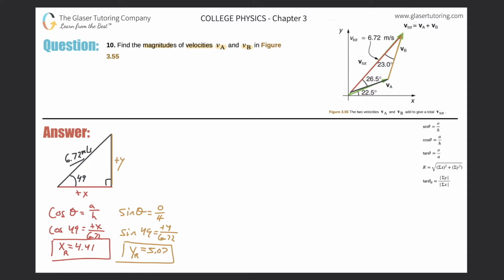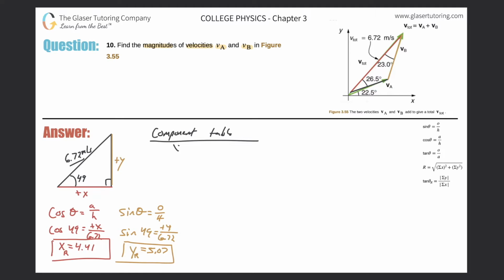Well, that means that in order for me to find the components of the resultant vector, I can simply add up all the components of the two vectors that summed up to give me that resultant vector. So let's think about a component table. Okay, so let me put my component table here.